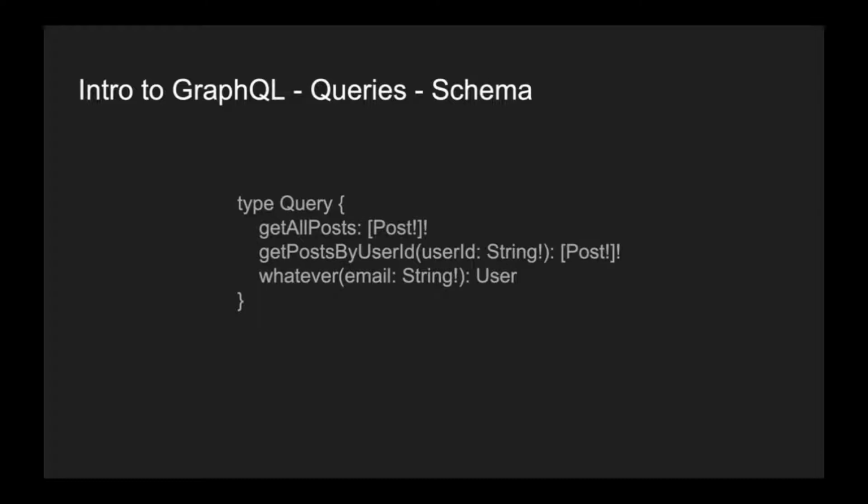My intention was that it was an operation that would accept an email as a string and then return a user who has that email. You might notice that the return value is a user that could be nullable.